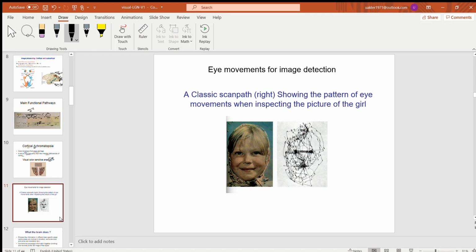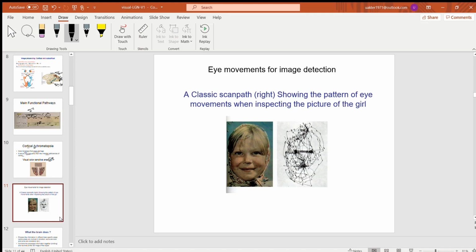Your eyeballs are always shaking or moving at high frequency, at least 3 times per second. That helps to refresh the retinal image. Otherwise, the retinal image will fade if no refreshment occurs, and the vision will be blurry. So that is very important, right?